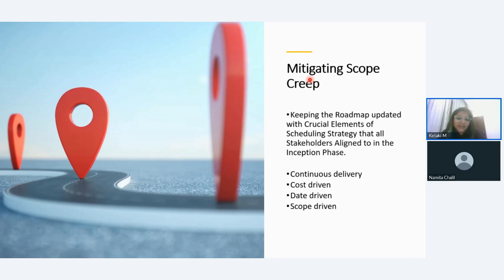But as a matter of fact, it is a very predictable scheduling strategy, given the transparency and control it provides to the stakeholders, right? If you take a cost-driven approach to scheduling strategy, the solution is to be delivered for a specific amount or less. Therefore, at least one of the schedule or scope must vary, right?